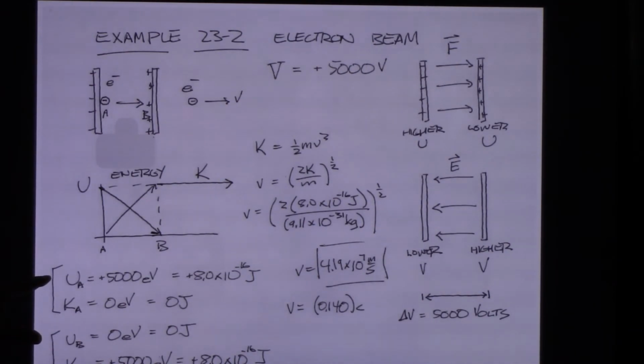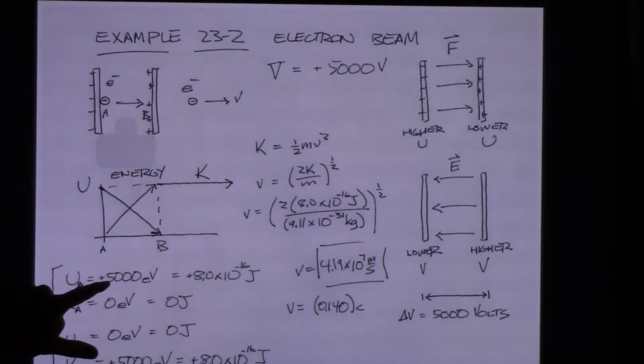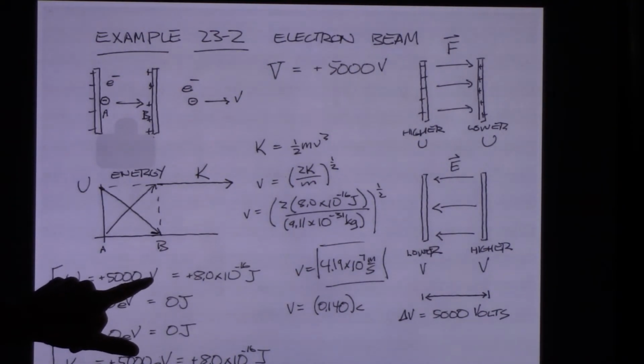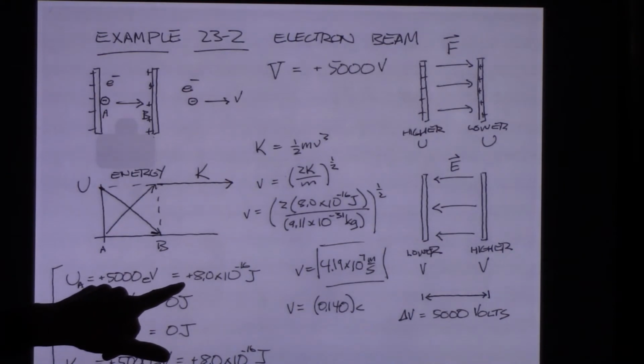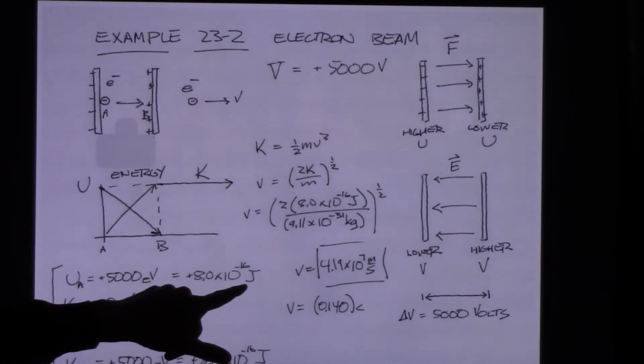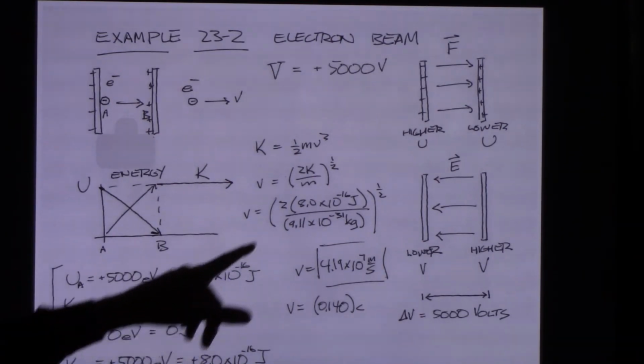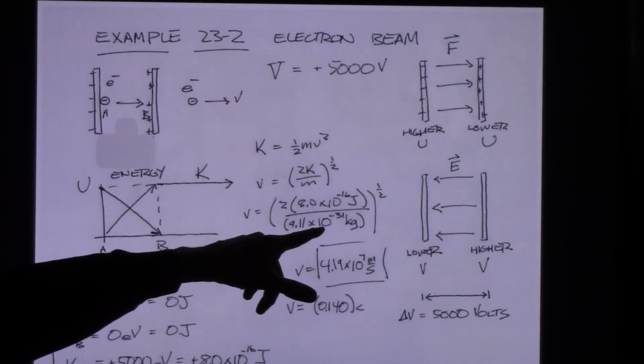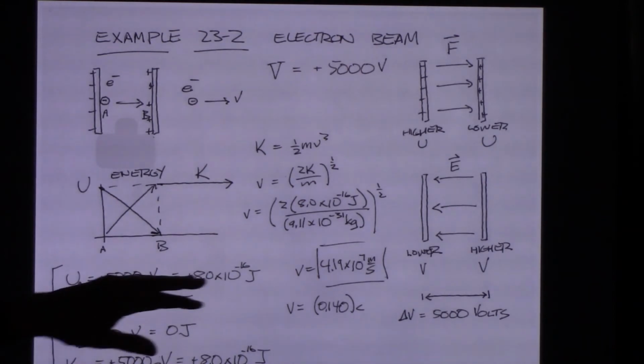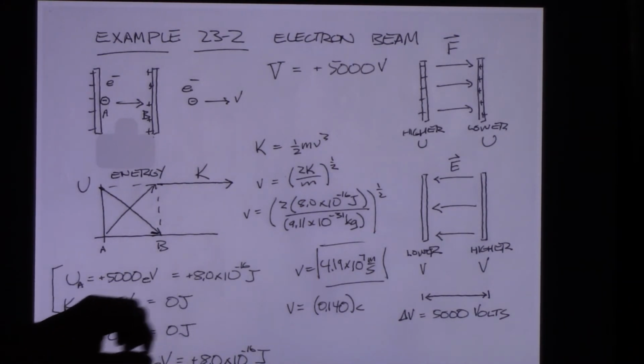The potential energy that we start with at point A is 5,000 eV, which is the same thing as 8 times 10 to the minus 16 joules. Now, we've got to do this problem in joules because eventually we want to put some masses in kilograms and such. So let me go ahead and switch over into joules.